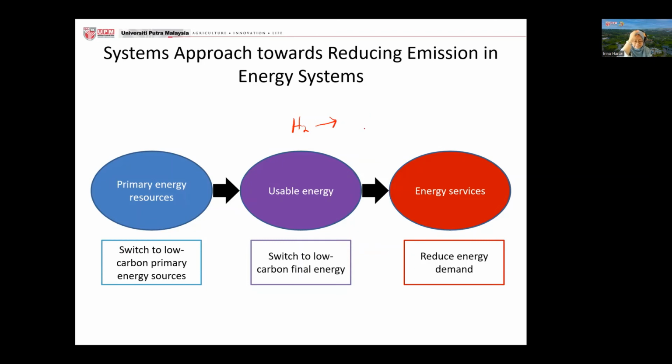So basically that's how we try, because it's usable energy. It's just that it requires very specific logistical aspects. You may need a fuel cell to run on hydrogen, but it is something possible.